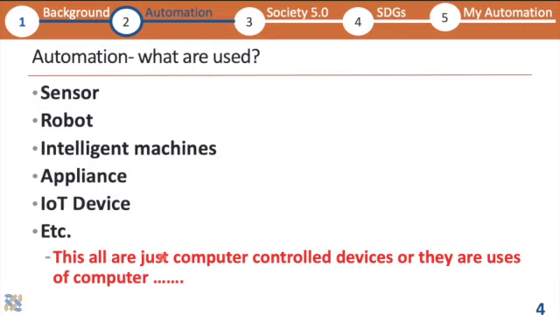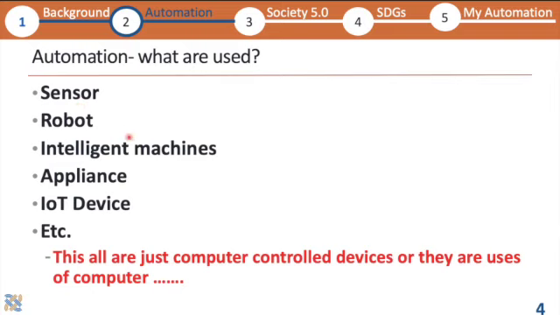Now, what types of things do we need for automation? We know that we have automation, and on top of that we know why we need it, but what types of things do we use in automation? We use sensors. There are a lot of sensors, like temperature sensors, smoke sensors, and water sensors, that can detect this type of thing.